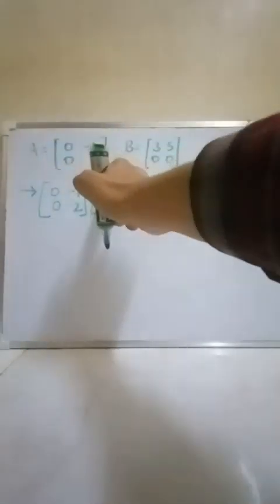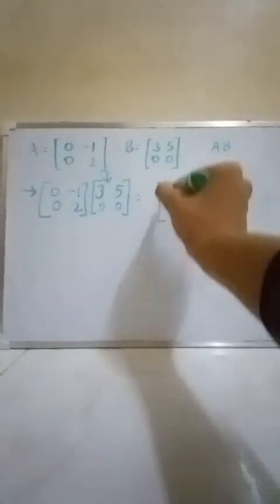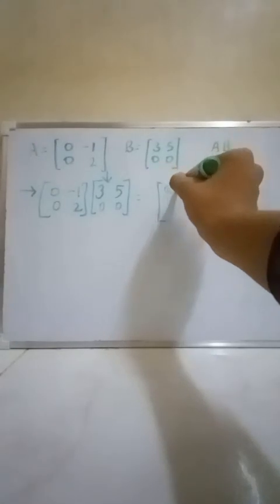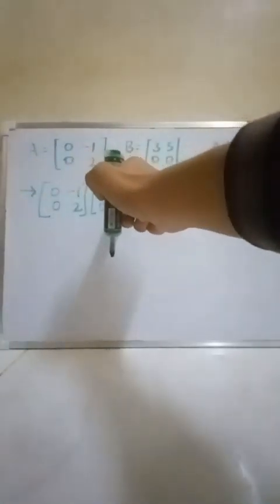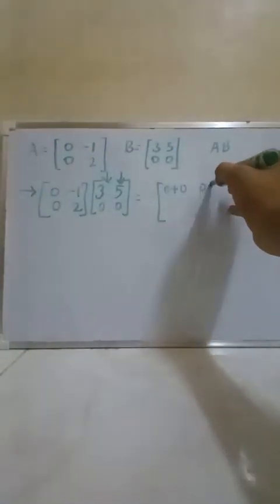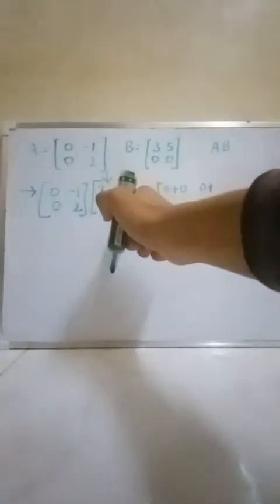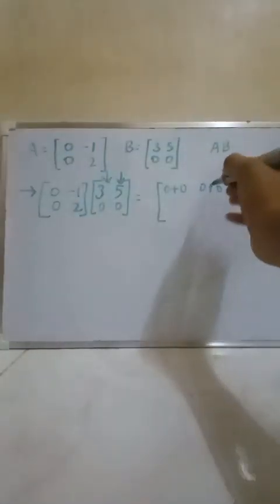So 0 times 3 would be 0, plus minus 1 times 0 would be 0. Okay, then next, first row with the second column, 0 times 5 would be 0, plus minus 1 times 0 would be 0.